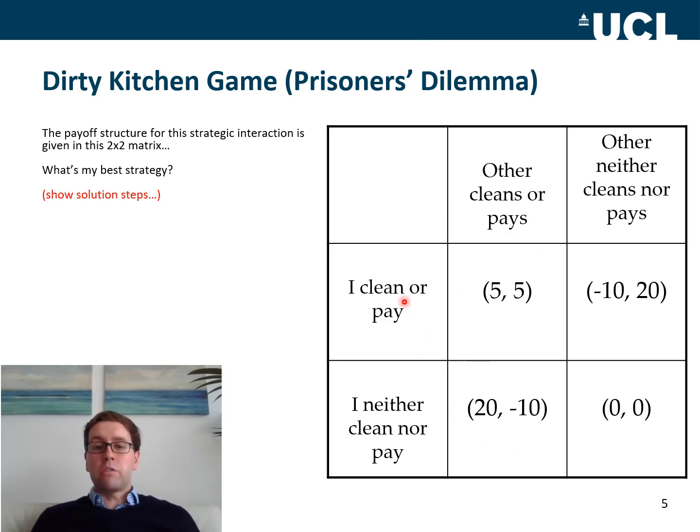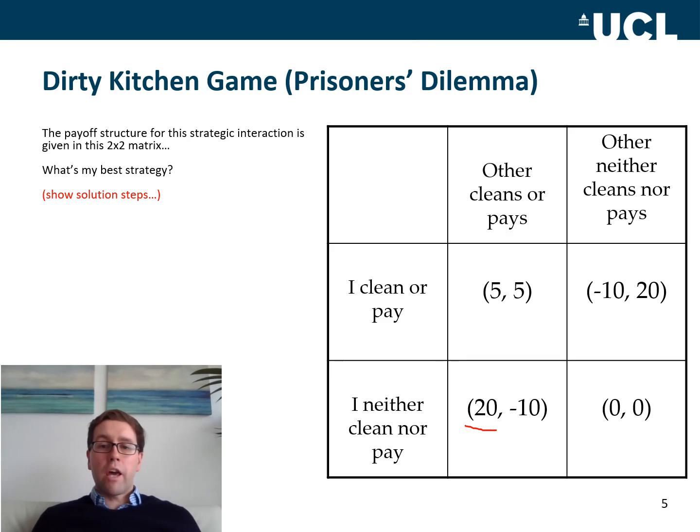My best response is given by my outcome, so I can look at my outcome here. If you clean, I get 5 if I clean, and I get 20 if I don't clean. So I'm obviously better off not cleaning, right? So if I think you're gonna clean, I'm better off not cleaning. Okay, and I can highlight this also. Let's mark this.